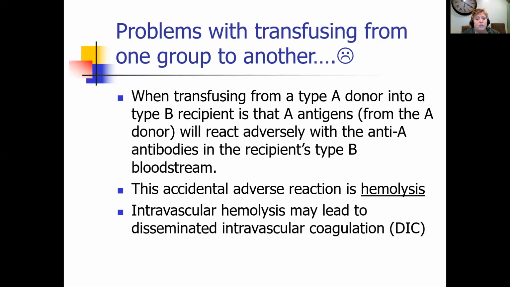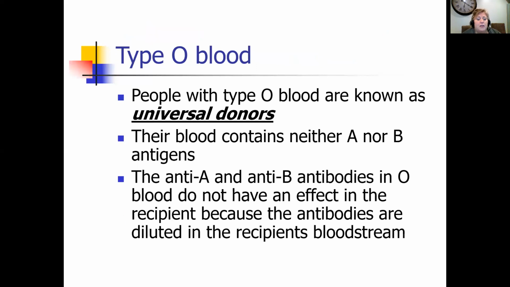So we don't transfuse with groups that aren't compatible. But some groups are compatible with all, and some groups are compatible with none, and some groups are picky and just want certain ones. If you have type O blood, and that's the most common, about 45% of people have O blood, you are known as universal donors. Yay.